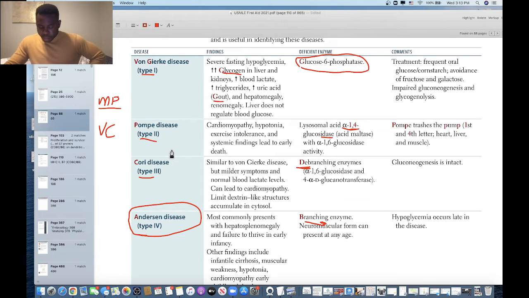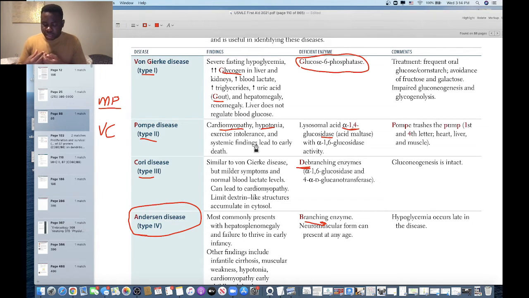So, Pompe, the classic presentation is that their heart is large, so they have cardiomegaly, and then their tongue is very large. Yeah, and then they also have hypotonia. They've not written the tongue over here, but they also have a very large tongue. And because their heart is large, they cannot tolerate exercise, so they have exercise intolerance.